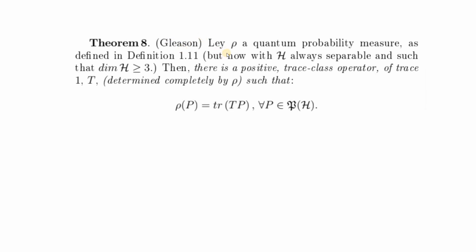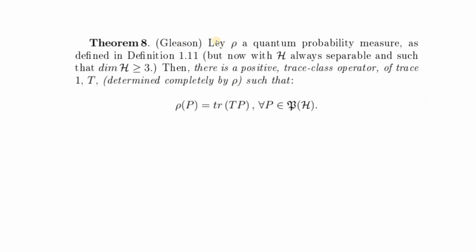So our approach via quantum probability measures on the lattice of orthogonal projectors automatically gives us that there are no more quantum probability measures than the ones you can calculate by taking the trace with a density matrix.